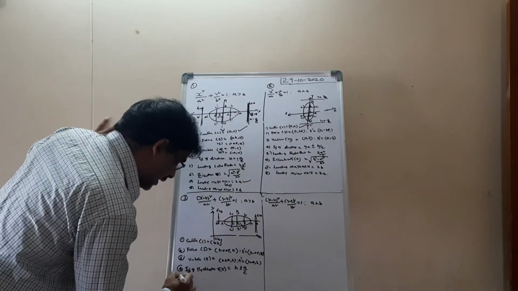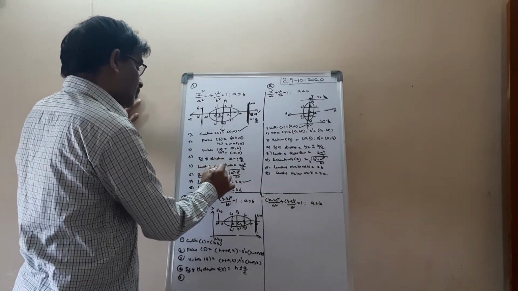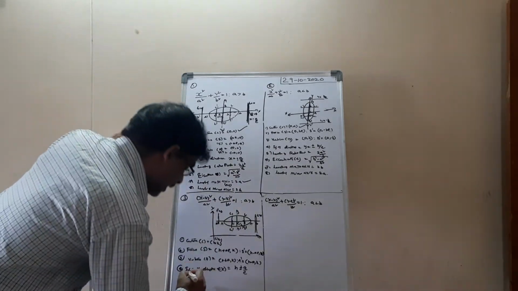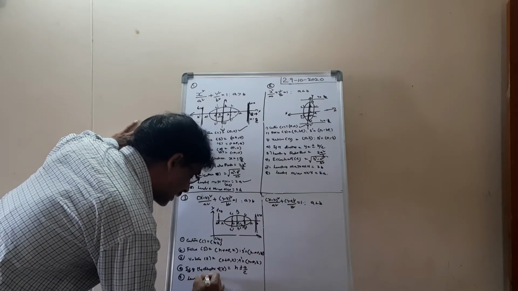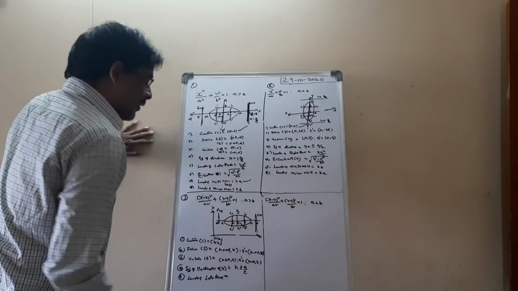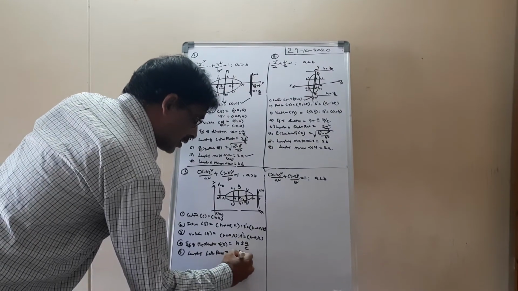After that, fifth, the length of the latus rectum. It is the same: the length of the latus rectum equals 2b square by a.